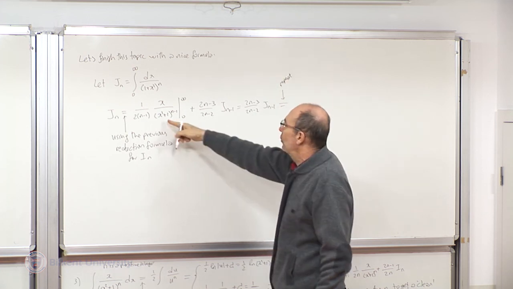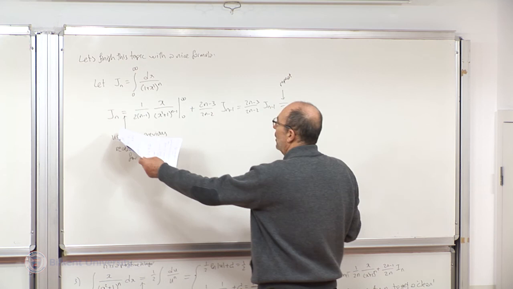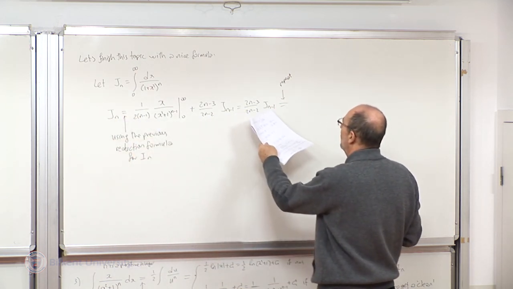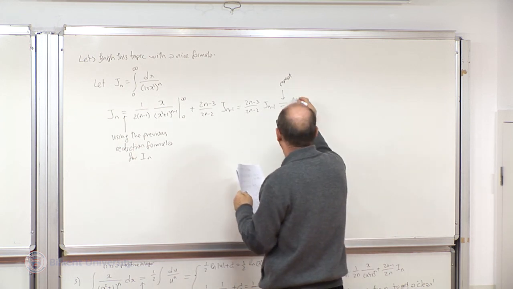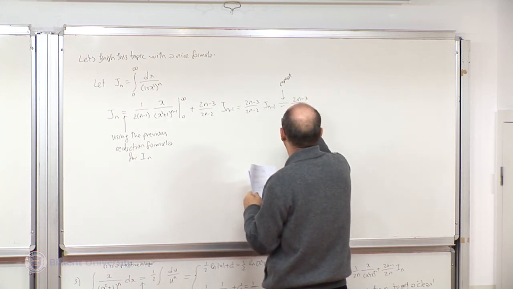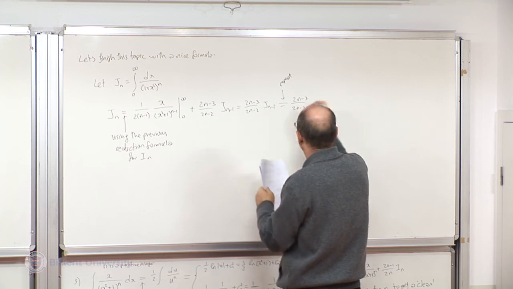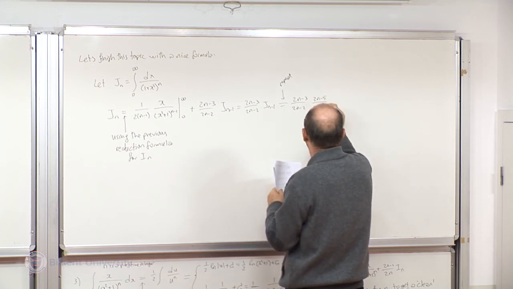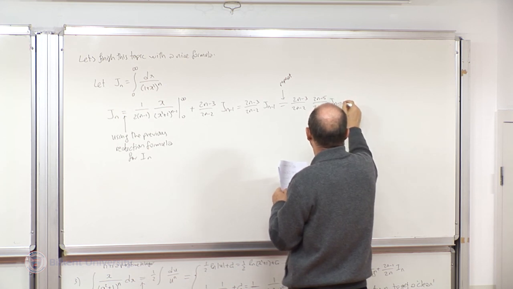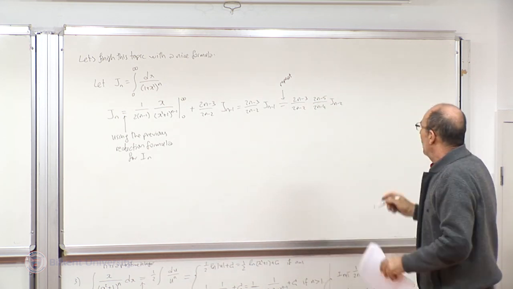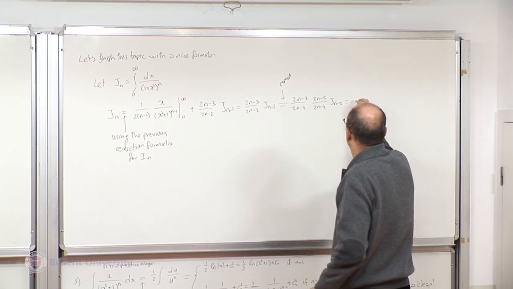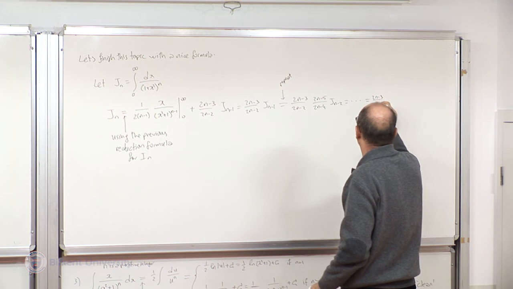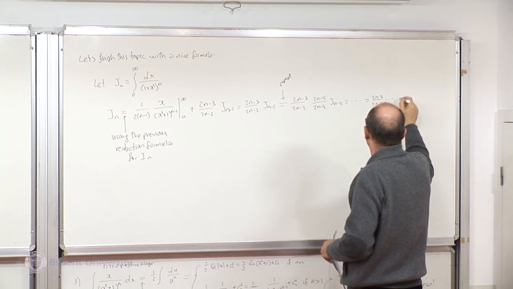I just say that if I have n here, I put n minus 1 instead. So I get 2n minus 3 over 2n minus 2 from here, but this thing is now 2n minus 5 over 2n minus 4, J_(n minus 2).